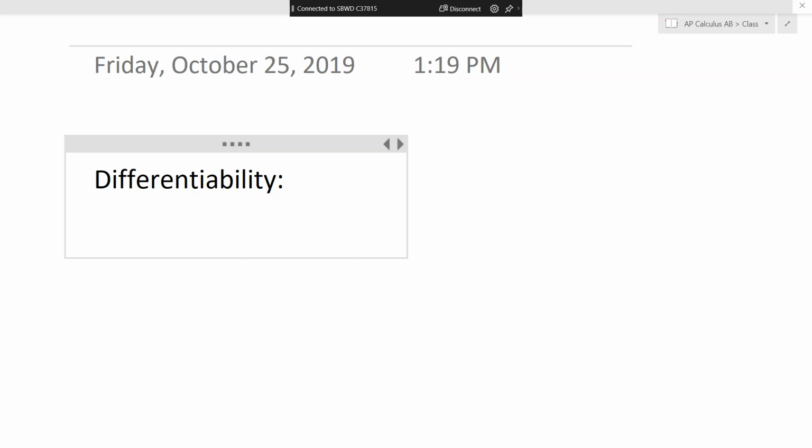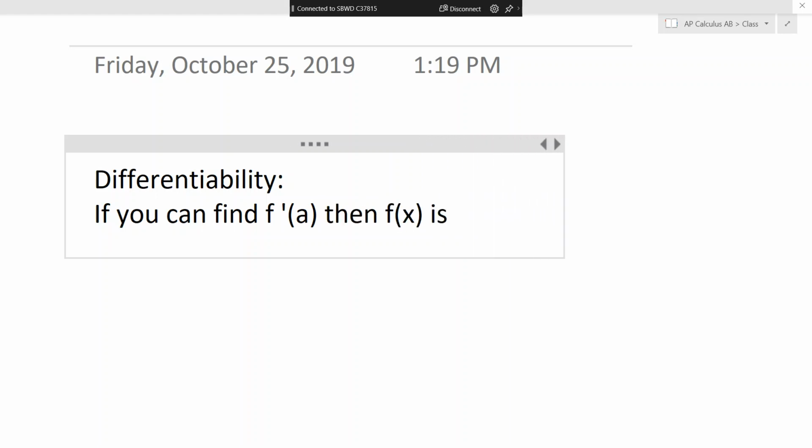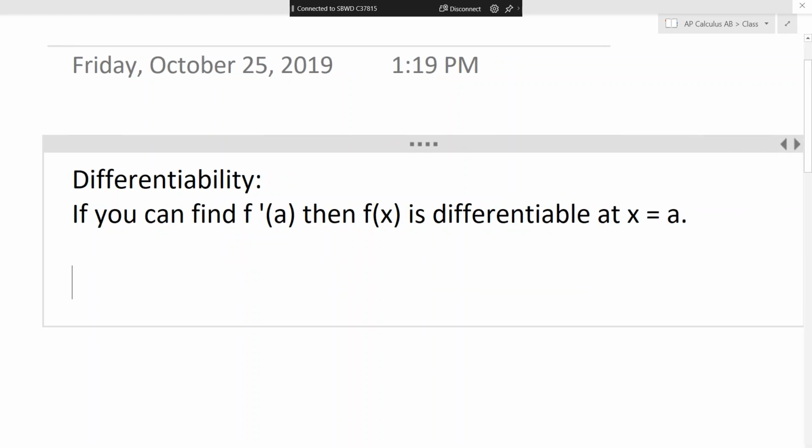Differentiability, folks, is, what's the easiest way to word this? If you can find f prime of a, then f is differentiable.